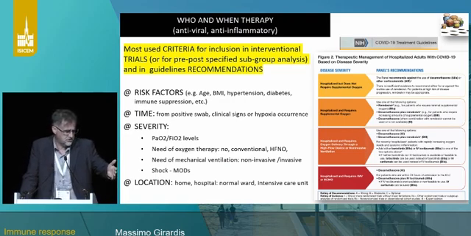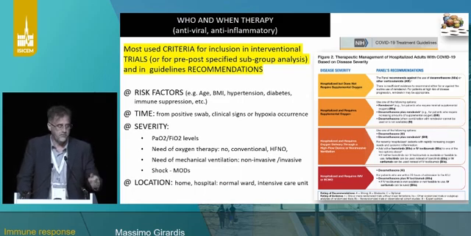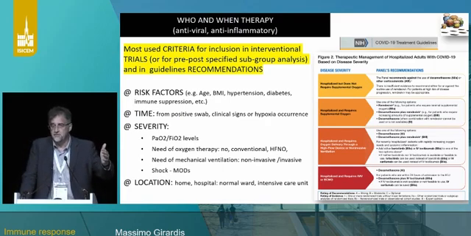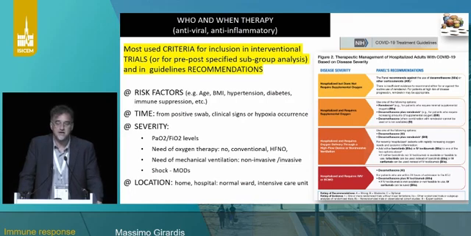Here I just mentioned age, BMI, and so on. The time from the occurrence of infection or signs of infection or the first positive swab, the severity based on your PO2, FiO2 level, which is your oxygen need, are you ventilated or not ventilated, and the last one, the location.